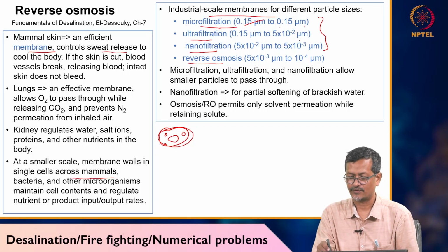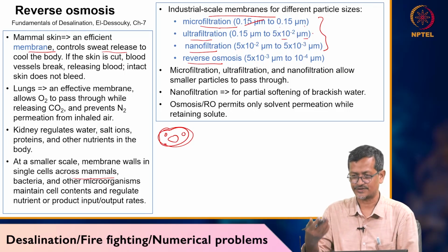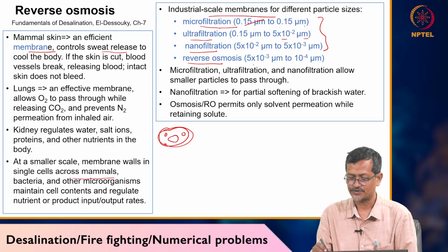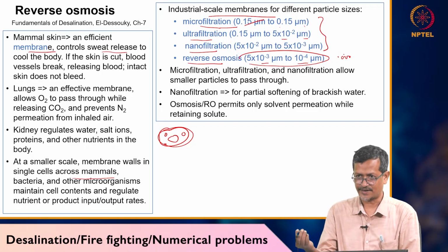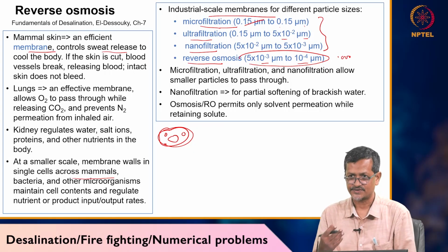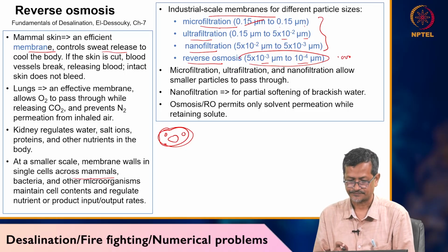Ultrafiltration will be like 0.15 to 5 times 10 power minus 2, so much smaller particle size. Nanofiltration is further smaller, and for reverse osmosis you can see the smallest particle size, 5 times 10 power minus 3 to 10 power minus 4 micrometer. That range of particles can be separated using reverse osmosis membranes.